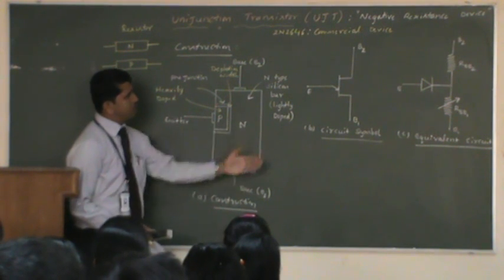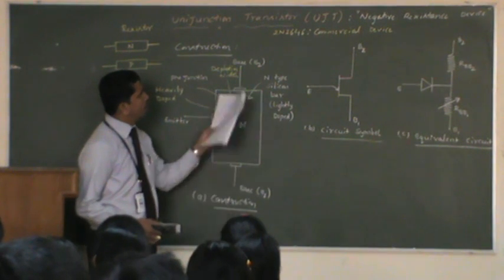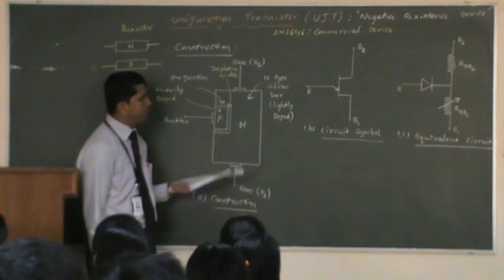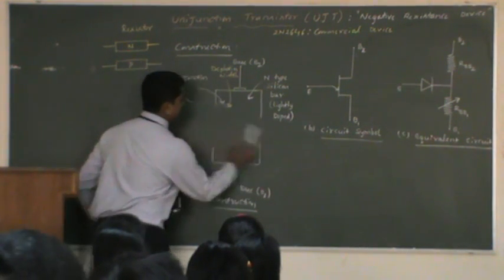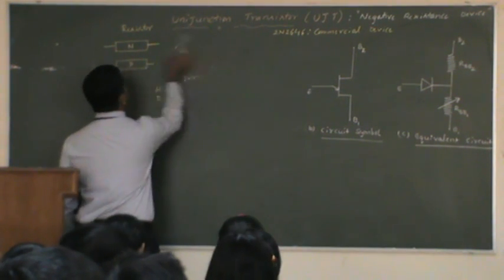So having the basic information of the unijunction transistor, we can explain the working principle of the unijunction transistor with the help of characteristics. Let's draw the characteristics of the unijunction transistor and try to explain its voltage-current characteristics.